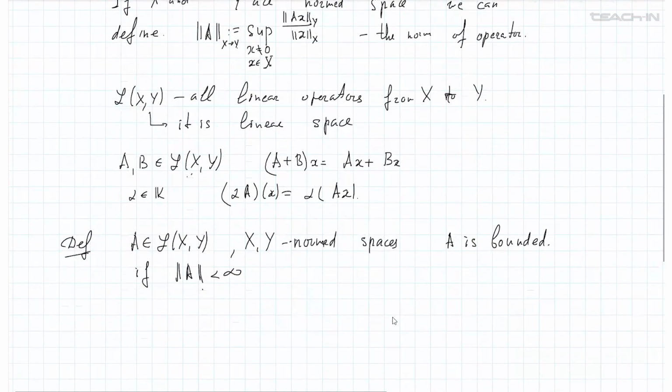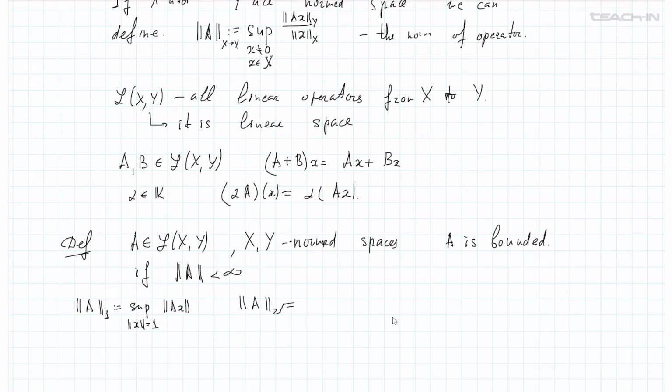So let me define some other formulas, and we prove that they are equivalent. For example, for the norm with index 1, I take the supremum on the unit sphere. And the norm with index 2 is the supremum over the unit ball, not sphere, but ball.